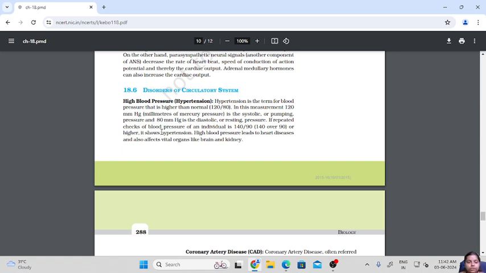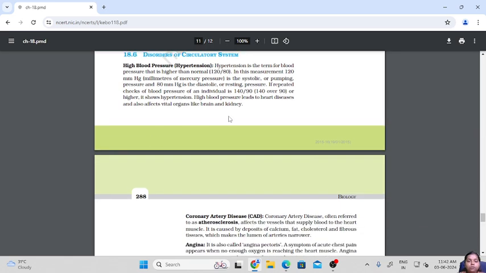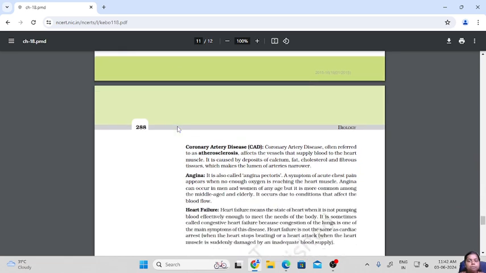If repeated checks of an individual's blood pressure show 140/90 or higher, it indicates hypertension. High blood pressure can lead to heart disease and also affects vital organs like the brain and kidneys.